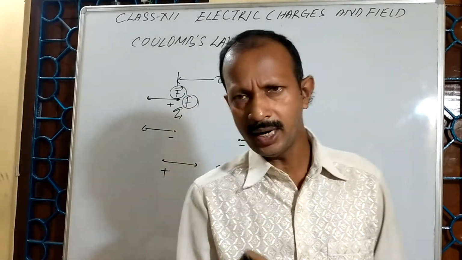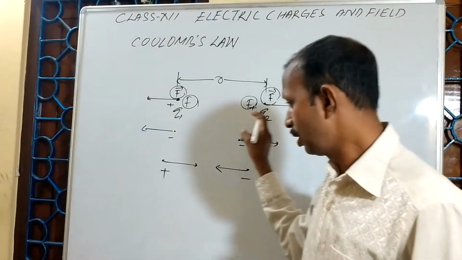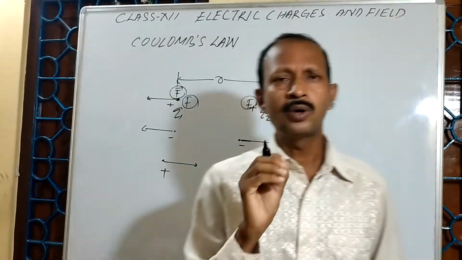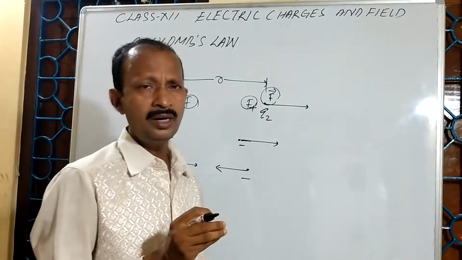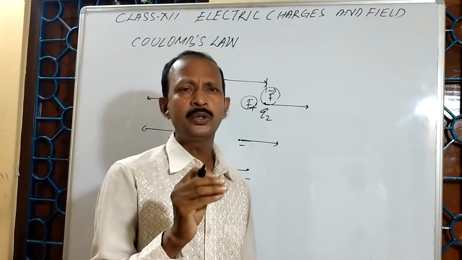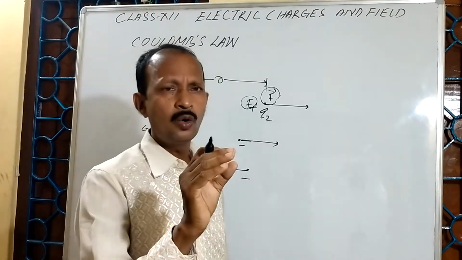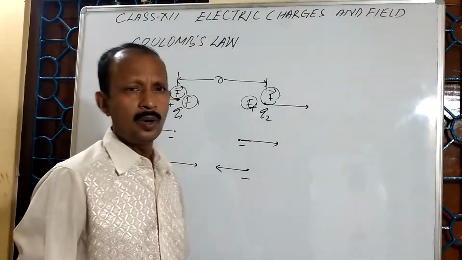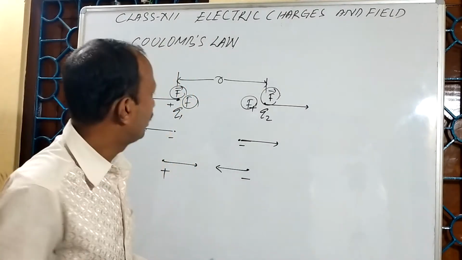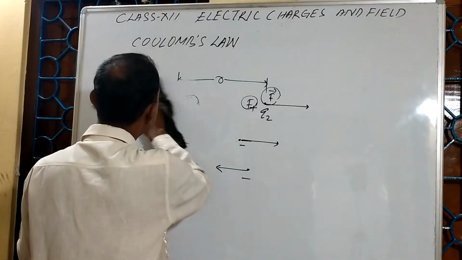So I can say that this law helps us calculate the force of attraction or repulsion between two point charges when they are at rest. So it is better that at first I write what Coulomb's law is.